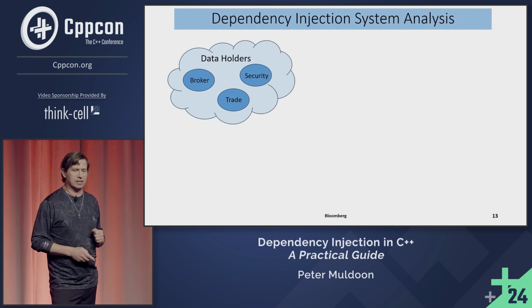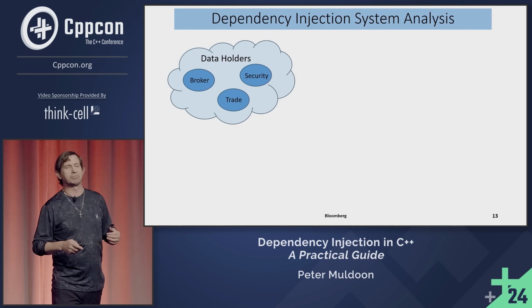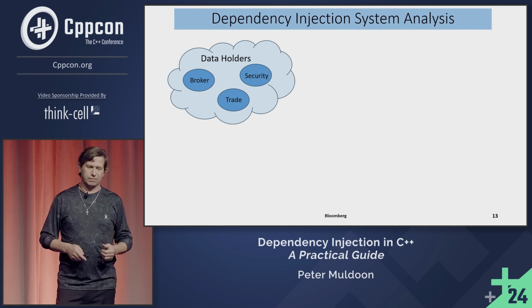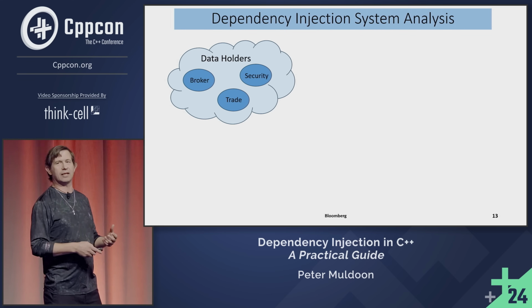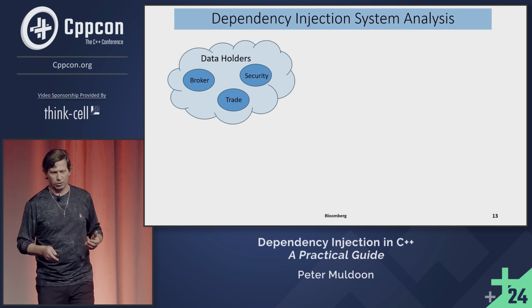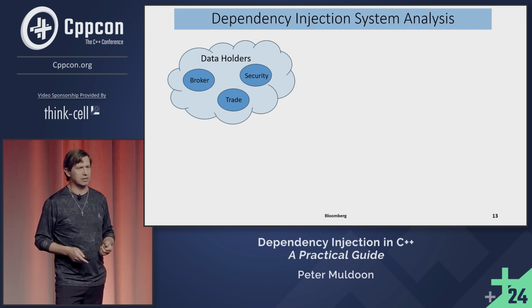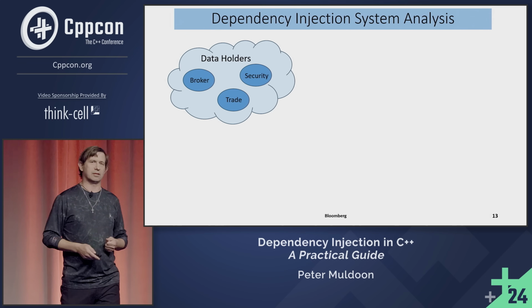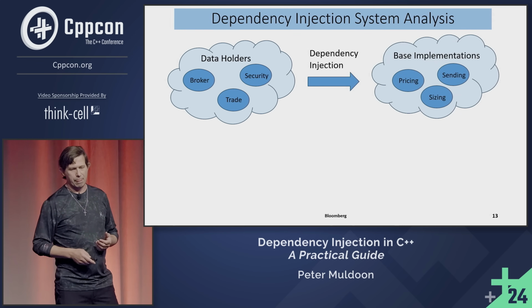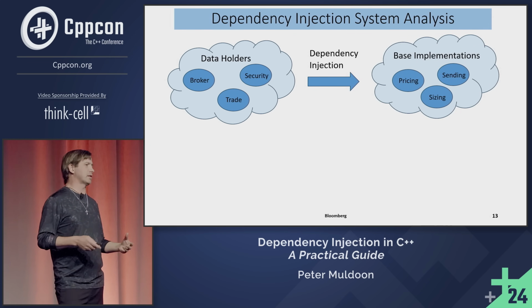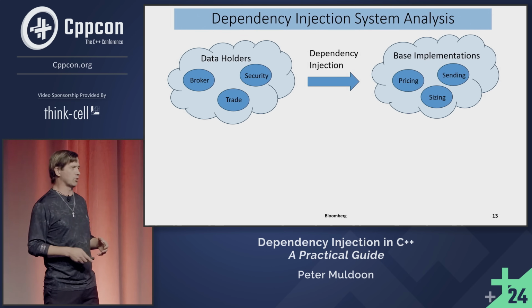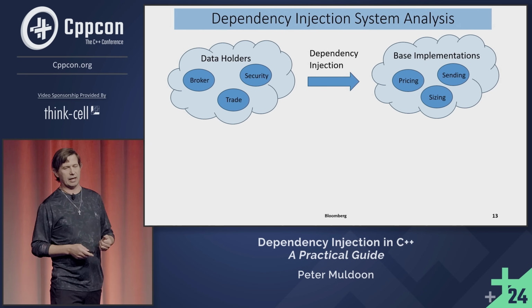So let's talk about your system. How do you look at your system through dependency injection? Well, the first thing you look is what is the things that carry the data around in your system? The data holders. For me, it's things like brokers, trades, securities, permissions, stuff like this. And these things can be used as dependency injection points into your system for what I call base or core functionality.